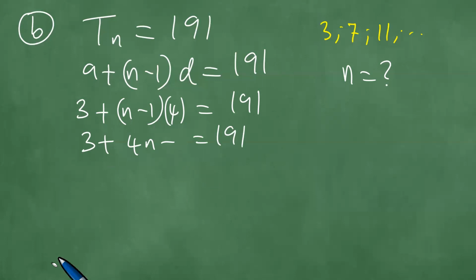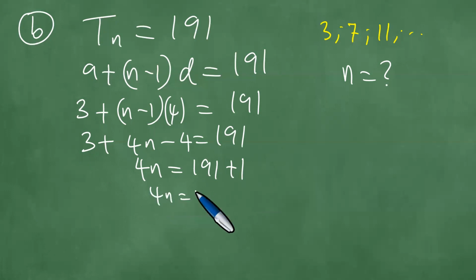Group the like terms. So 4n equals, now what is 3 minus 4? It is minus 1. And then if you move it across, it becomes plus 1, which means you have 4n, which is 192. Divide 192 by 4. What is 192 divided by 4? Giving us 48.